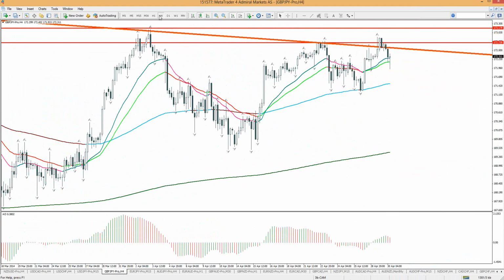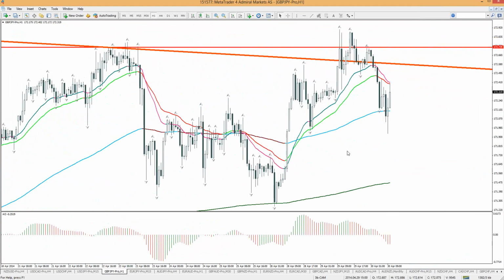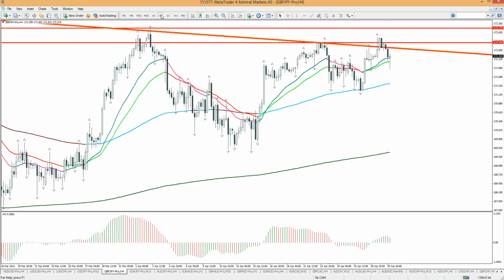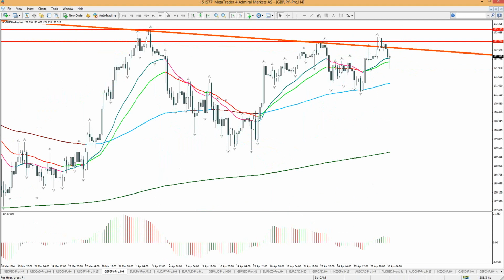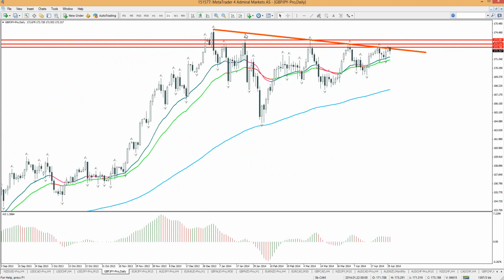When zooming into the 4-hour chart and then the hourly, we understand why price was struggling here and couldn't break to the upside. It was too close to support, resistance, and couldn't break through those levels. This is a support line coming in on the daily.